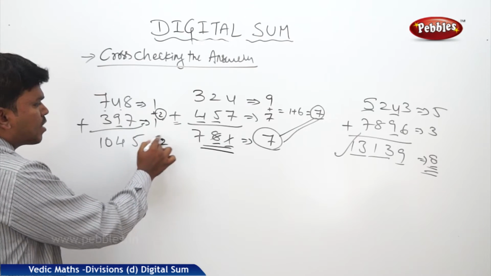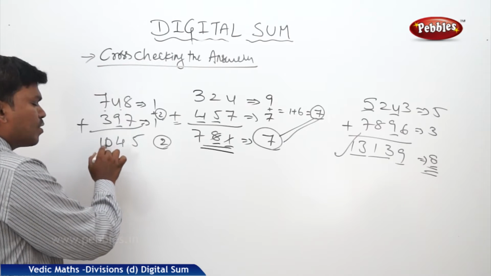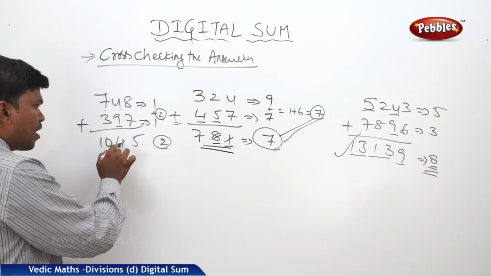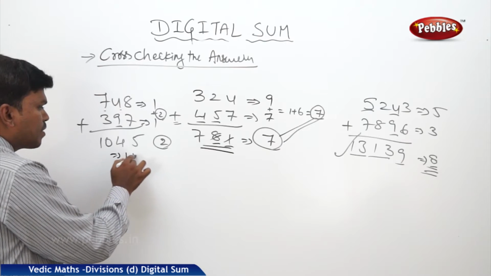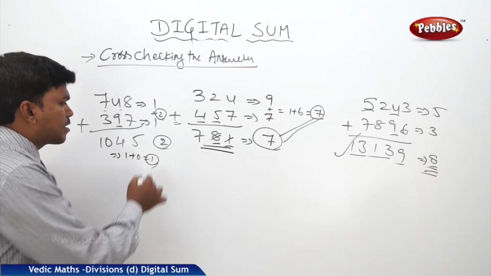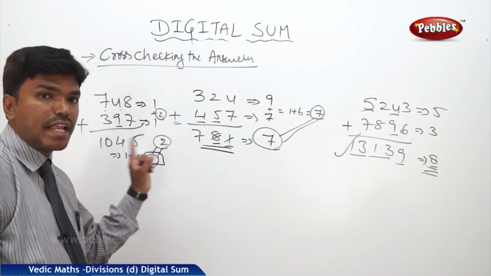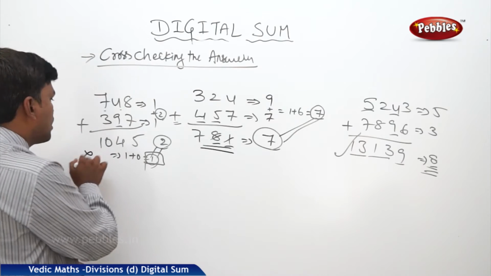So I should have the digital sum as 2. Now check 1045. 1 plus 0, 1, 1 plus 4, 5, 5 plus 5, 10. 10 means 1 plus 0, 1. It is not matching with the digital sum. I got the digital sum as 1, but actually you have to get 2. So my answer is wrong.